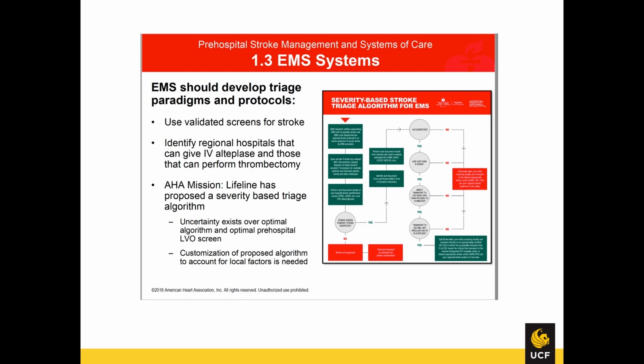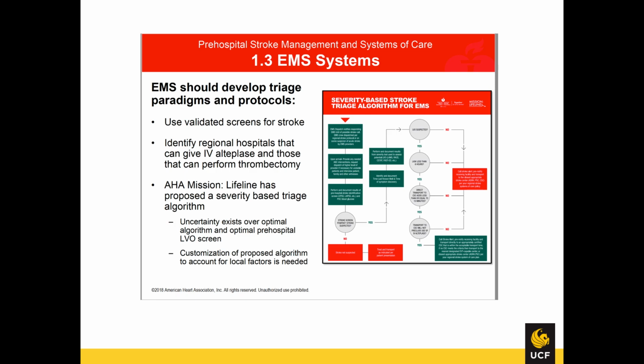First of all, EMS needs to be using validated stroke screening tools. They need to identify regional hospitals that can give IV alteplase and those that can perform thrombectomy procedures. Where do we need to go if I've recognized that my patient is having an acute stroke? Who is the best acute stroke facility?